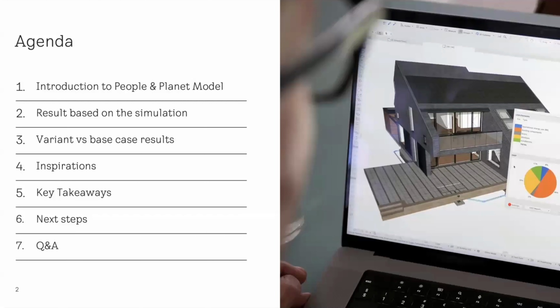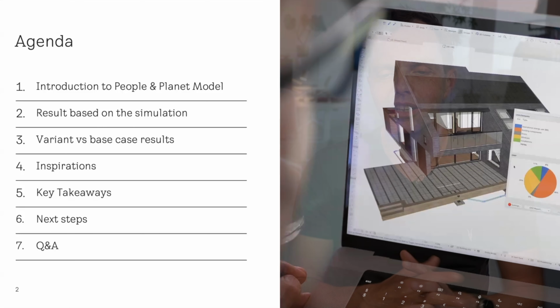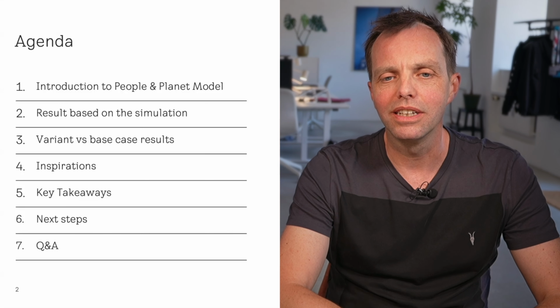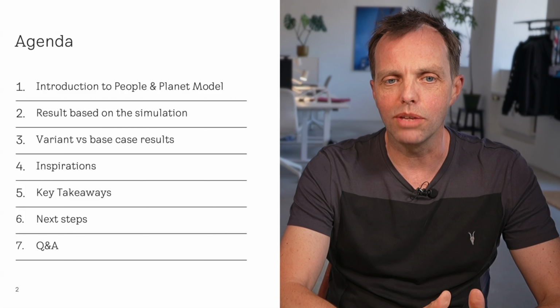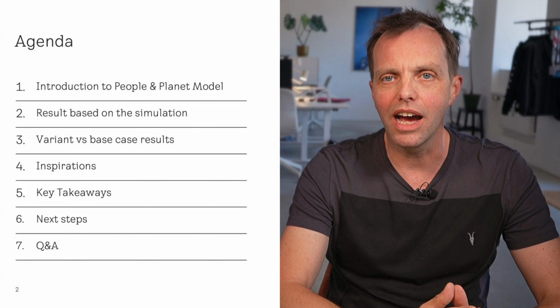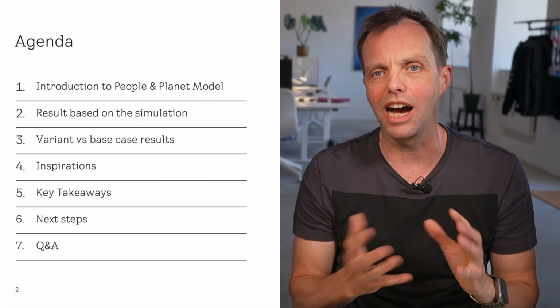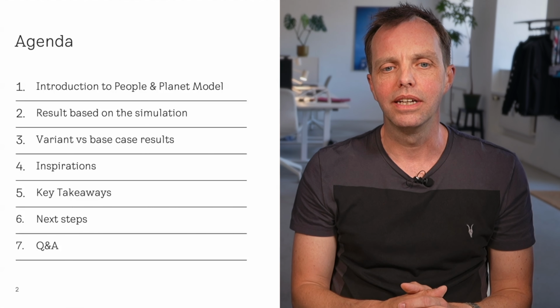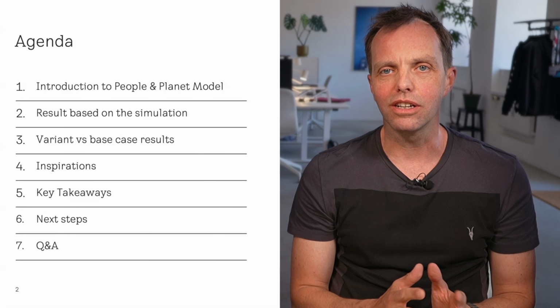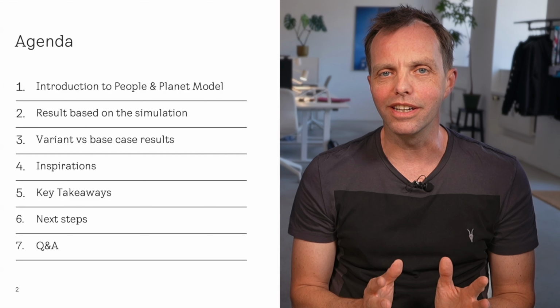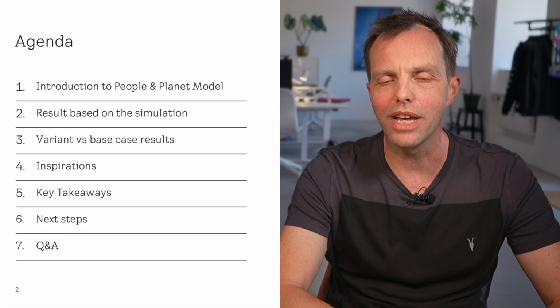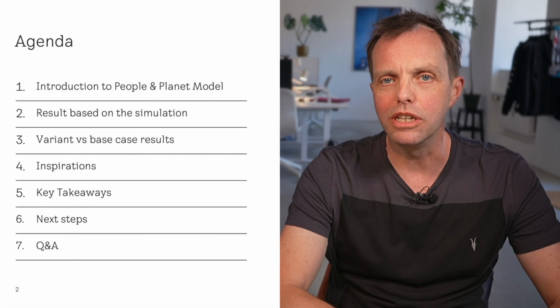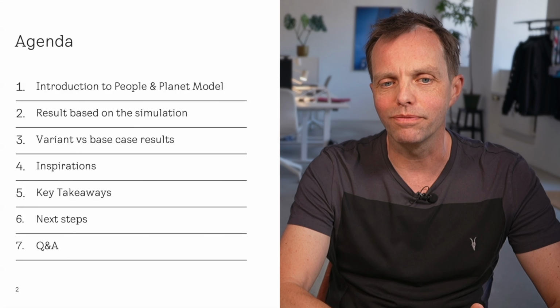What we're going to do today is look at this special model for measuring sustainability within a project. We're going to look at how to simulate this and how it's calculated, especially on our project, on our building. When that's done, we're going to zoom out a little bit and look at inspirations from other projects that have been measured with this people and planet model and see how that can be used for your projects in the future.